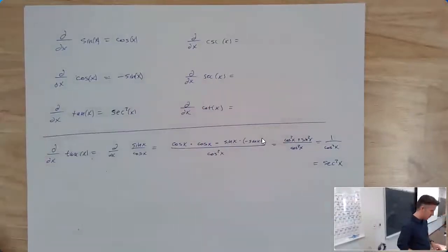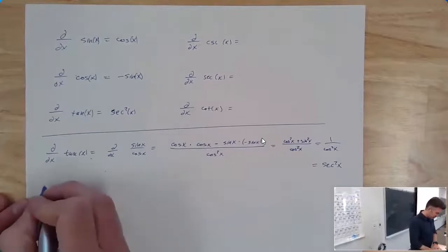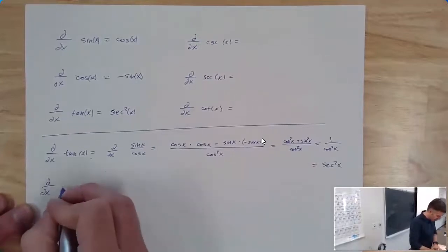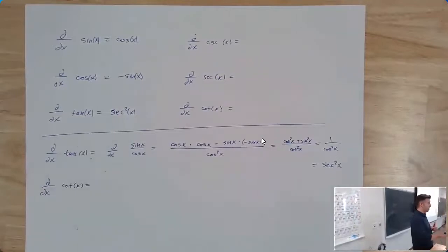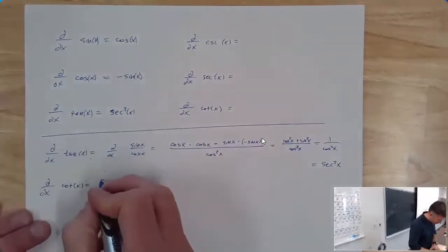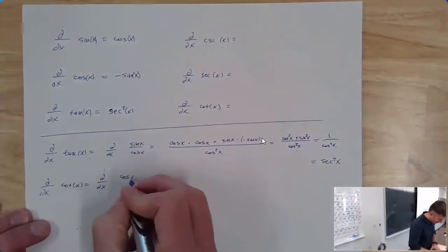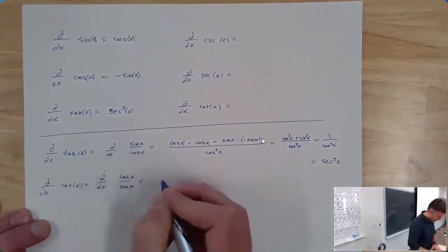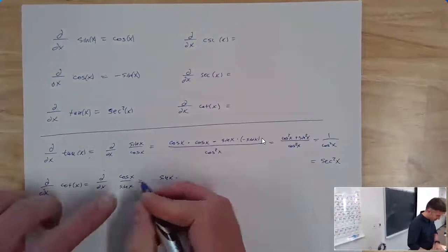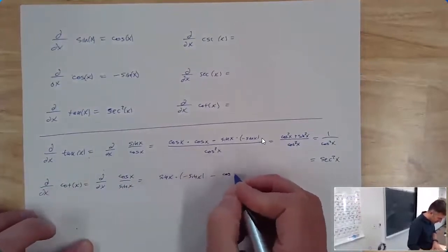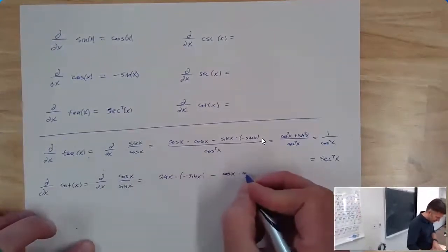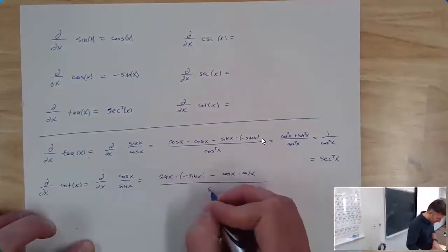And actually, yeah, we'll do that. So let's do the derivative of cotangent x because it works out very, very similarly. So for cotangent of x, instead of sine over cosine, it's cosine over sine. Same deal. So you get cosine x over sine x, and then that's going to be the bottom times the derivative of the top, which is negative sine x, minus the top times the derivative of the bottom, which is positive cosine x, all over the bottom squared.